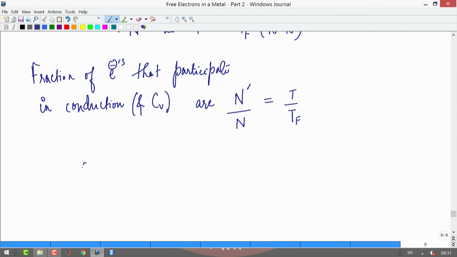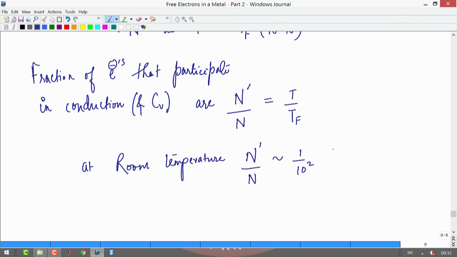And at room temperature, you can now see that this is a very small fraction. So, this fraction of electrons that participate in heat capacity, at room temperature this fraction is usually of the order 1 upon 100, because your room temperature is 300 Kelvin.